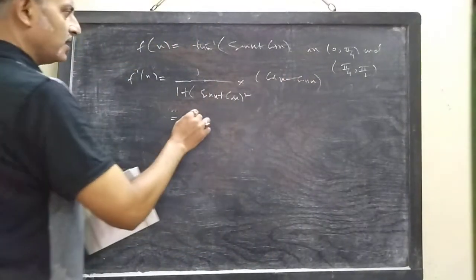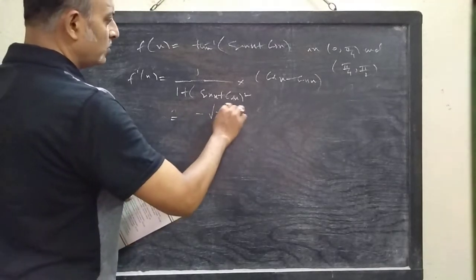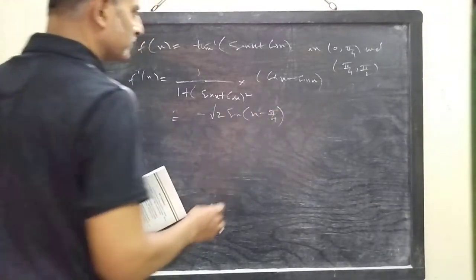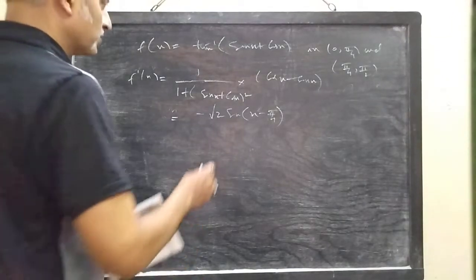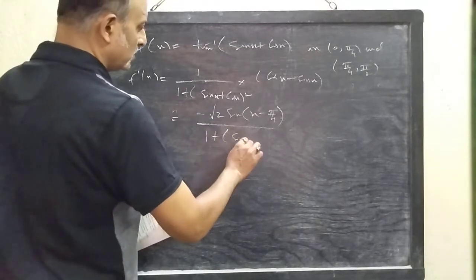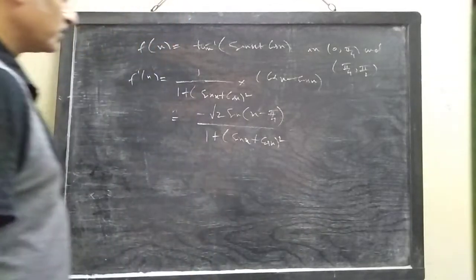You can write it as minus root 2 sin of (x - pi by 4), by 1 plus (sin x + cos x)^2.